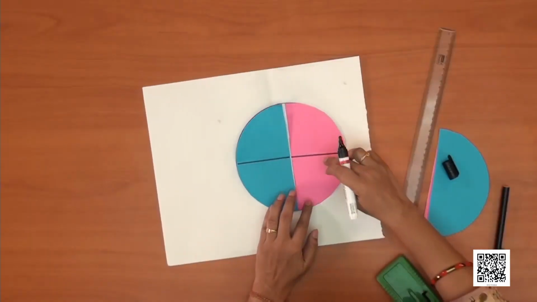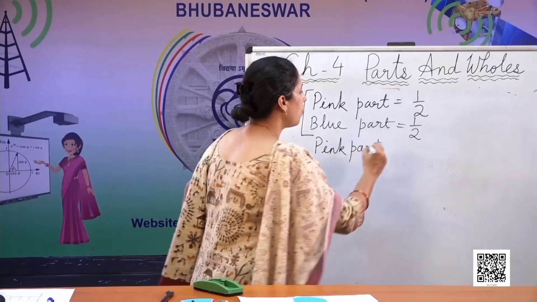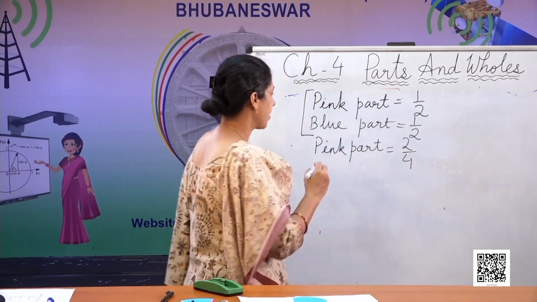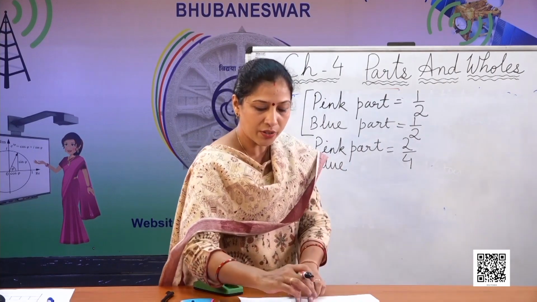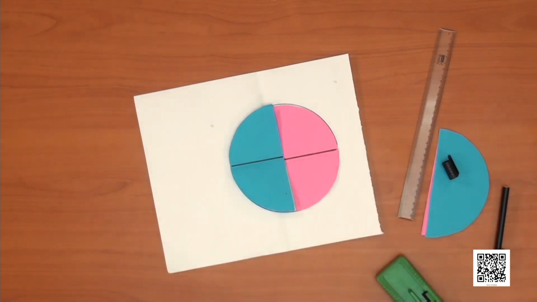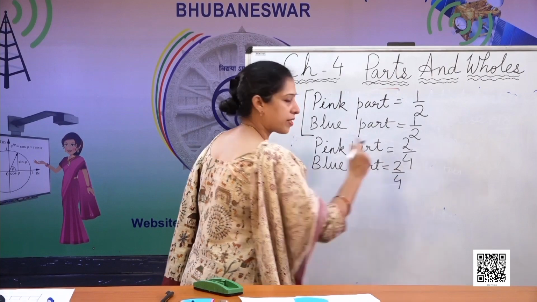Out of how many total parts? 1, 2, 3, 4. So 2 out of 4. 2 parts out of 4 parts. Similarly, blue part is also 1, 2 out of how many parts? 1, 2, 3, 4. So, again blue part is equal to 2 by 4 parts.